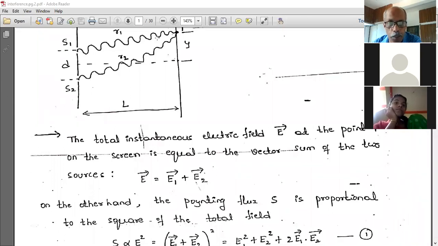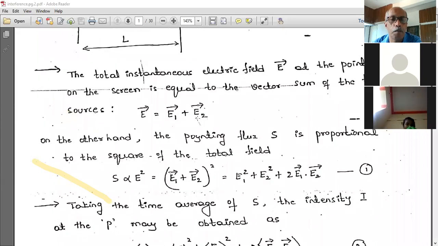Light comes from S1 to point P, and light from S2 also comes to point P. Let the electric field due to S1 be E1 and the field due to S2 be E2. Therefore, the net field at point P at any instant is E equals E1 plus E2. Since the fields are vector quantities, vector E equals vector E1 plus vector E2. It is the vector sum of the two electric fields reaching point P.